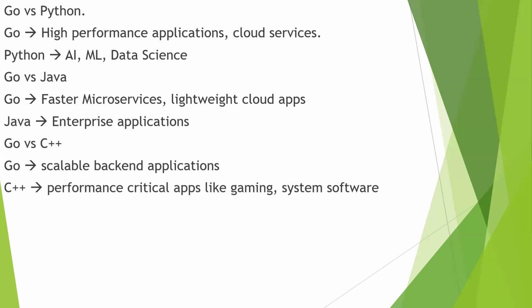And in the other areas like artificial intelligence, machine learning, data science, all the things that need to deal with data related concepts, Golang is not preferable. At the same time, enterprise applications, when I say enterprise, I mean monolithic architecture based applications.